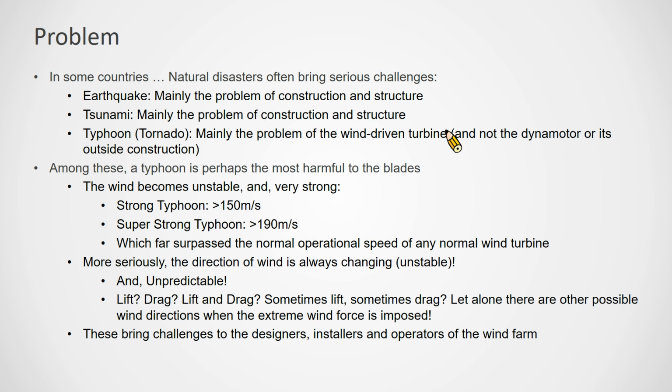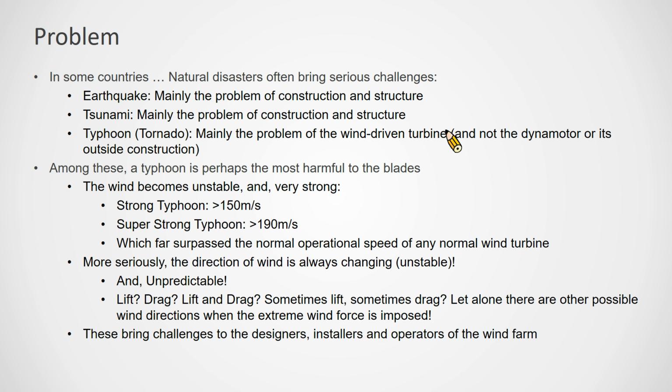For example, earthquake, tsunami, and typhoon. We know that typhoon is a type of natural disaster which mainly brings the problem to the wind-driven turbine component of the wind turbine. So a typhoon is perhaps the most harmful to the blades.